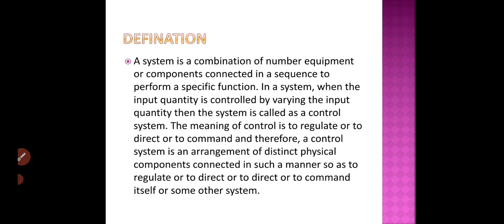In a system, when the output quantity is controlled by varying the input quantity, then the system is called a control system. A control system provides the desired response by controlling the output.